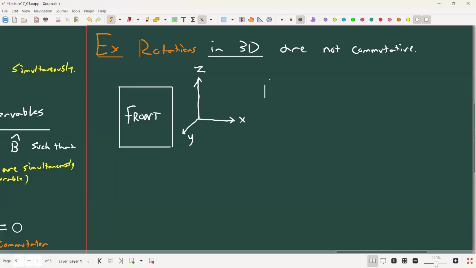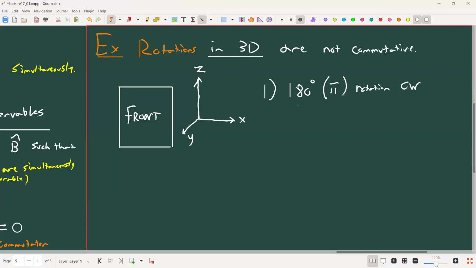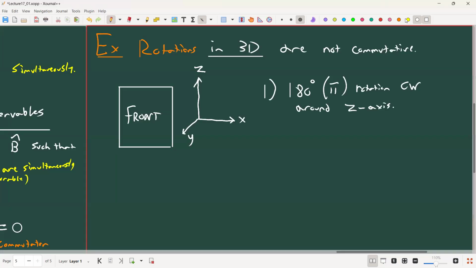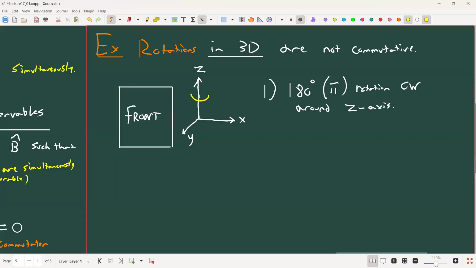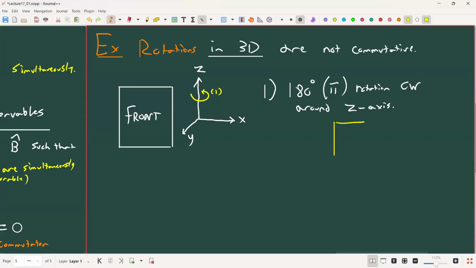The first one we're going to do is a 180 degree, or a pi, rotation clockwise around the z-axis. I'm going to rotate this along this axis 180 degrees clockwise. So that is this way, right? So now I'm at the back of the book.